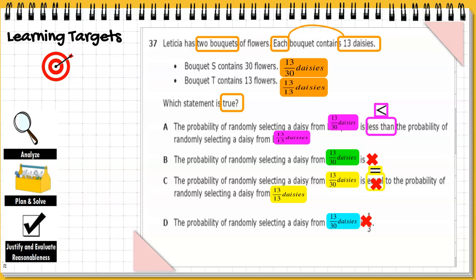So that means if B, C, and D are incorrect or false, then A is my true statement. Notice, for these, I've taken all I know from my probability and I'm actually analyzing these using my qualitative and quantitative statements. I am comparing them and making good decisions using my annotations in my problem-solving process.